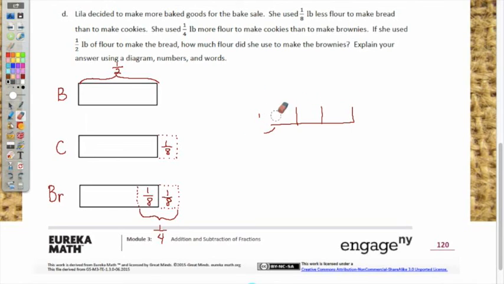So now I need to read what my question is asking. Okay, so the question says, how much flour did she use to make the brownies? So here's what we have to figure out. Question mark.